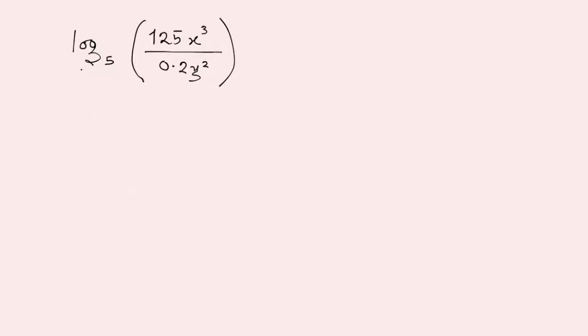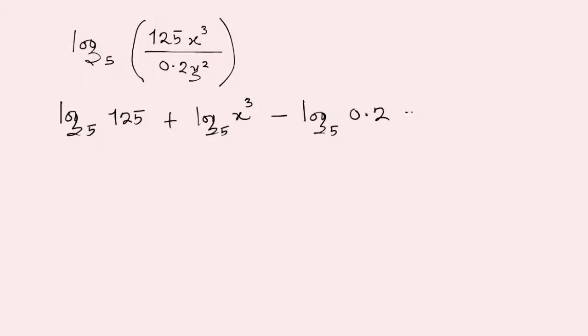So the next one says log to the base 5 of 125x cubed over 0.2y squared. So if we expand this, we have log to the base 5 of 125 plus log to the base 5 of x cubed. We move to the denominator, which is log to the base 5 of 0.2 minus log to the base 5 of y squared.